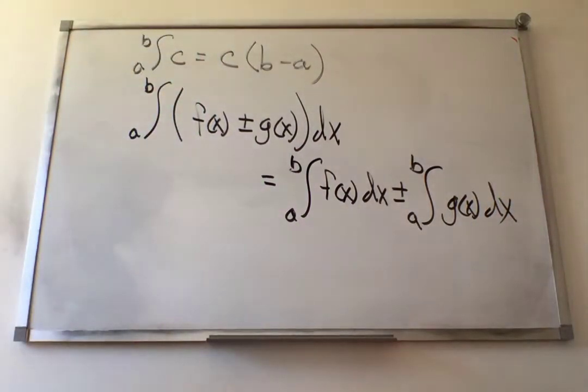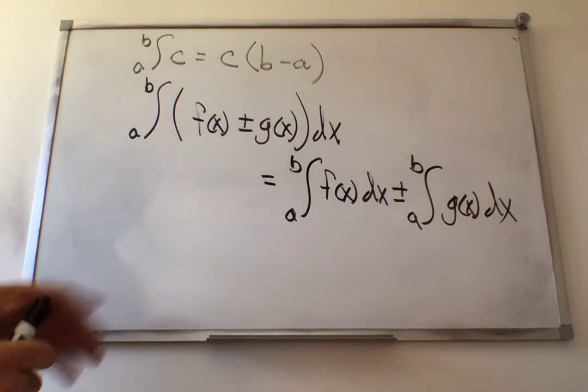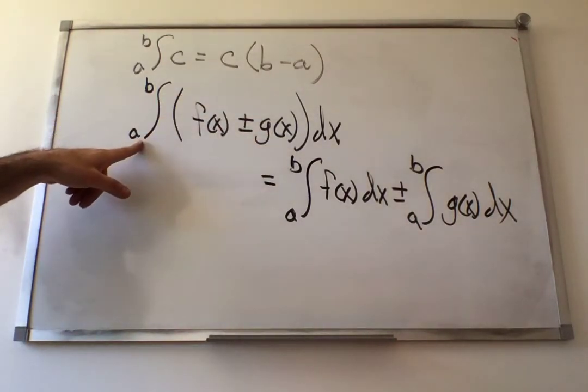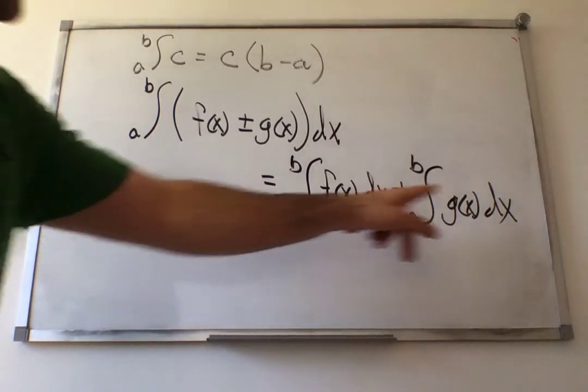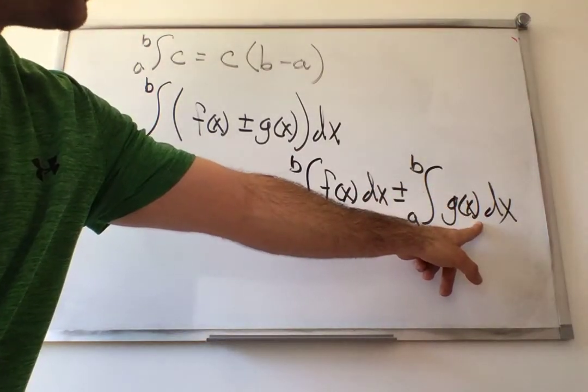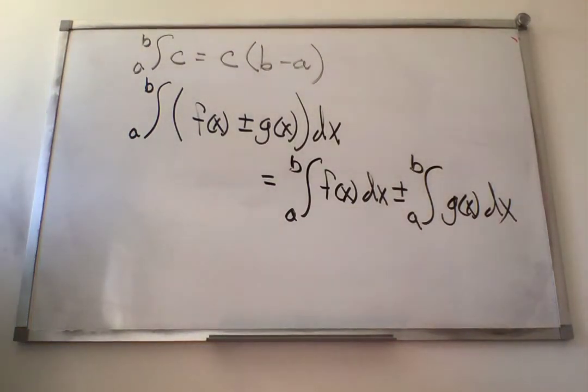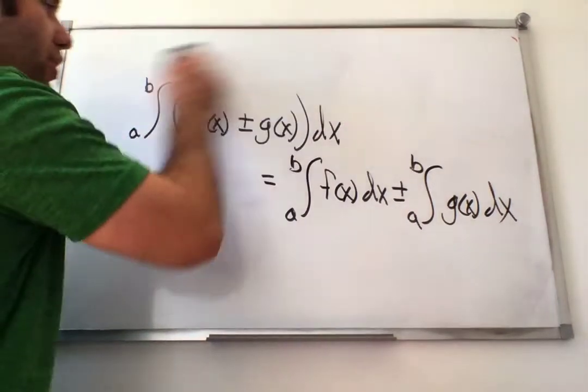So I could either add or subtract the functions, then take the integral, or take the integral of each individual function and then add or subtract them. Just like with derivatives, you could take the derivative of the first function, add it to the derivative of the second function, or you could add the two functions together and then take the derivative.